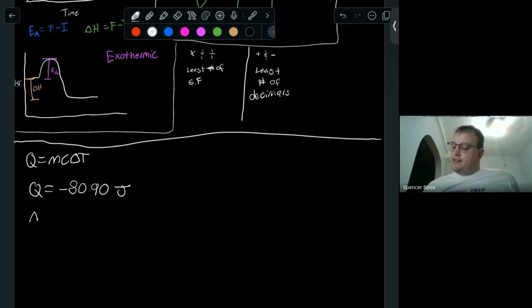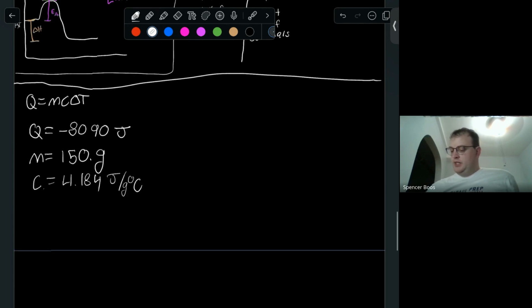Let's say the mass of this mysterious object is 150 grams. We'll say this is water, 4.184 joules per gram degrees Celsius. Let's say we're trying to find delta T. What is the change in temperature?